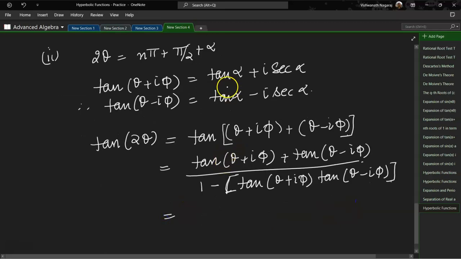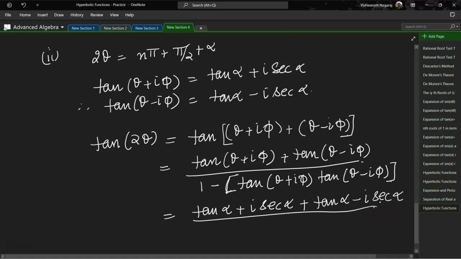Okay, now let's do the substitutions in terms of alpha. So tan alpha plus i sec alpha plus tan alpha minus i sec alpha by 1 minus, this becomes tan alpha plus i sec alpha and tan alpha minus i sec alpha.